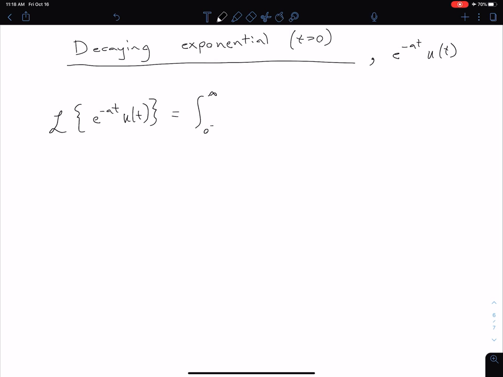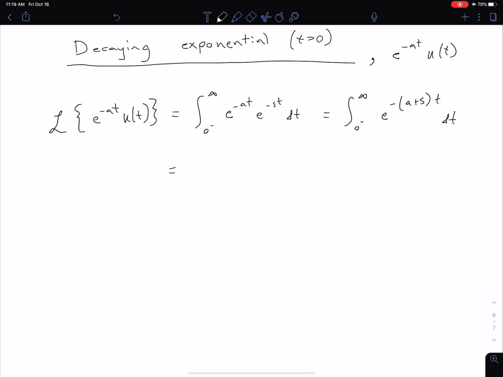So we have 1 times e to the minus at times e to the minus st dt. Well, if we are multiplying these two things with exponents, we can then add the exponents. So we have the integral from 0 minus to infinity of e to the negative a plus s times t dt.